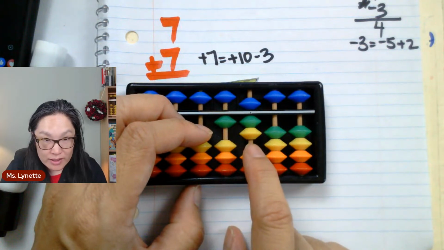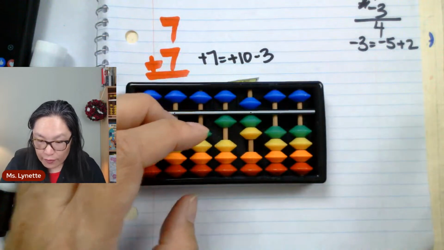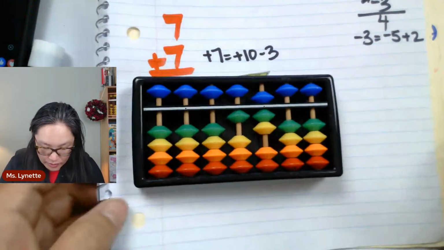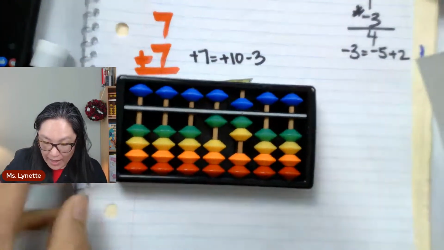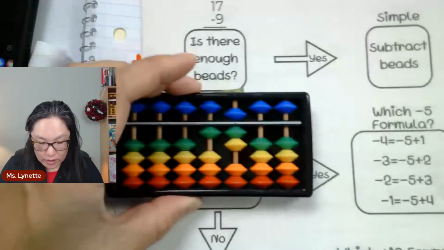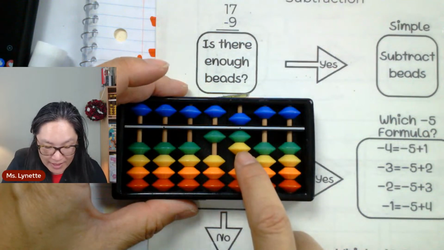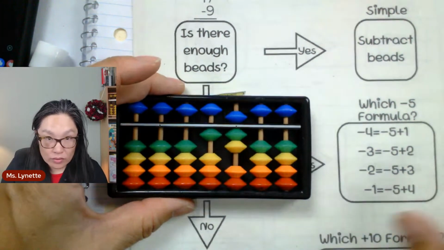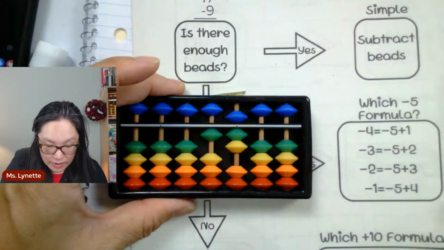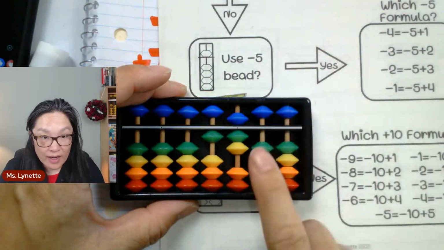And now my question is minus the 3. I cannot minus the 3. Do I have enough beads? So then I go back to this framework. The question is do I have enough beads? Because I want to minus the 3. No, I don't. I cannot minus the 3, so I got to go down. Now the question is, can I use the minus 5?